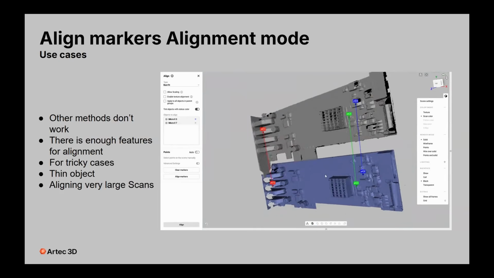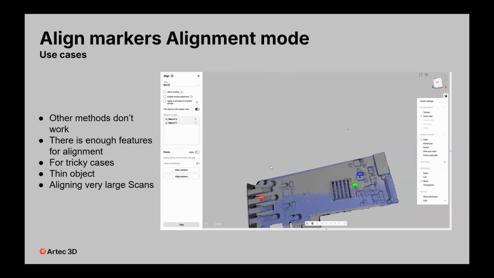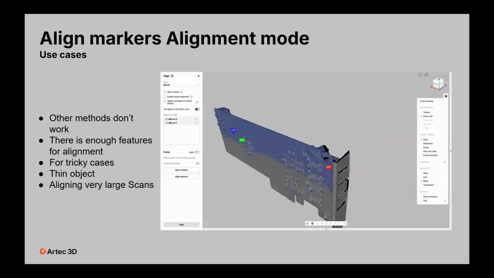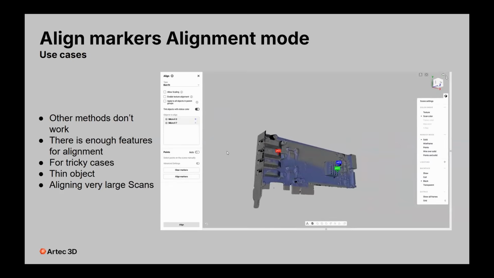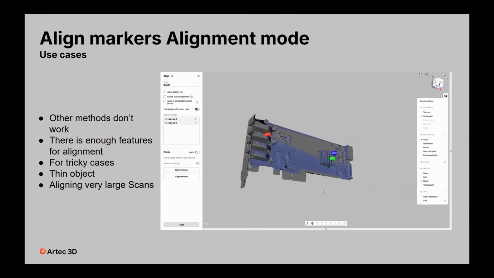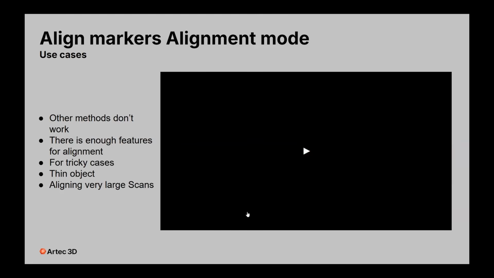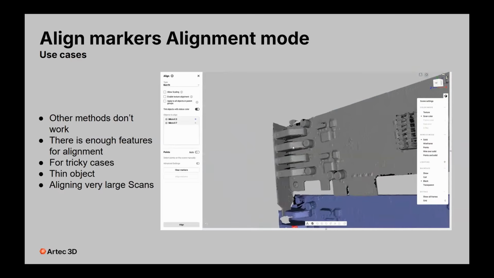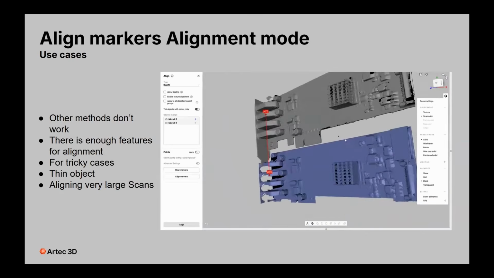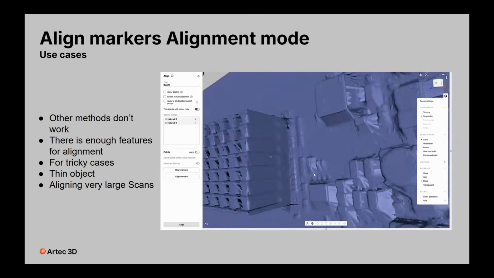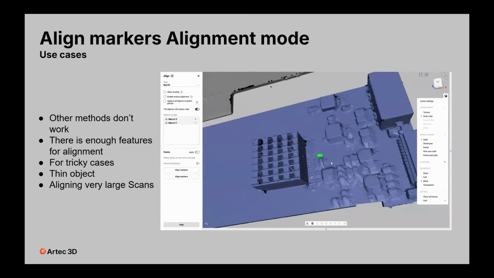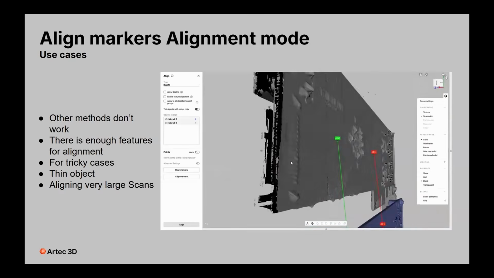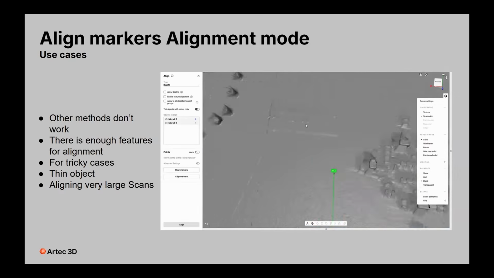Here, at first, the align markers mode works the same, but it skips the pre-registration step entirely. So the software relies only on the pairs of points that you have set manually. It won't fix any sort of misalignments should they occur, so you should be extra precise about setting those marker pairs.